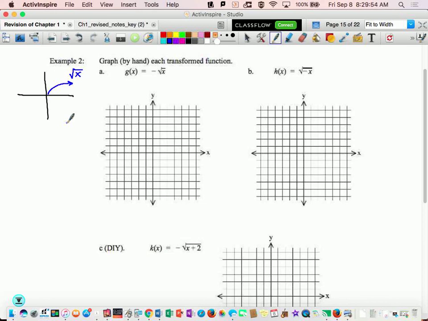What's going to happen if I put a negative sign in front of it? So I would still, order of operations, plug my numbers in. Square root of 1 is 1, square root of 4 is 2, square root of 9 is 3. That would be our normal graph, but now each time I get done, I multiply by -1. So when I put x is 1, square root it, I get 1, but now it becomes negative.